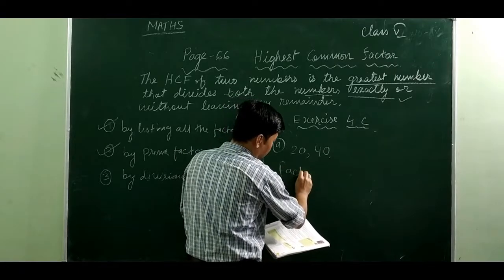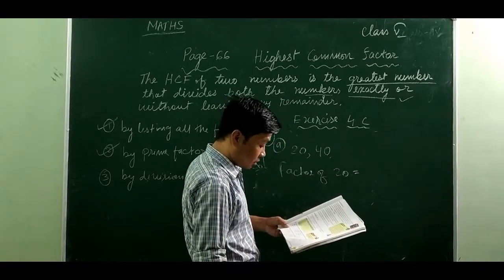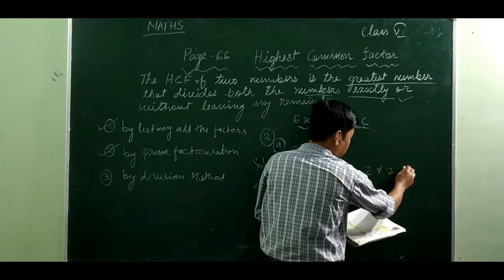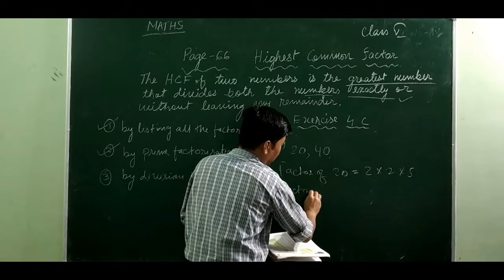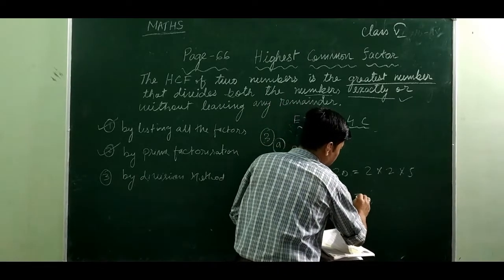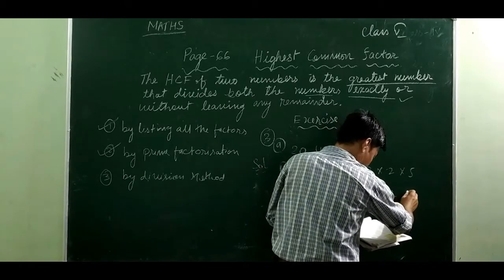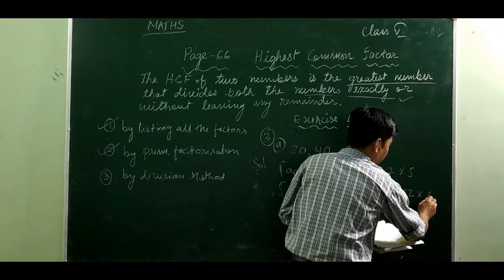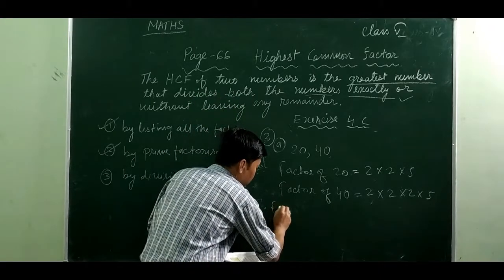So the factors of 20: 2 into 2 into 5 is the factor of 20, and then the factor of 40 is 2 into 2 into 2 into 5.